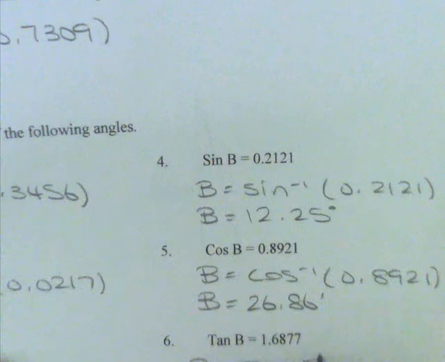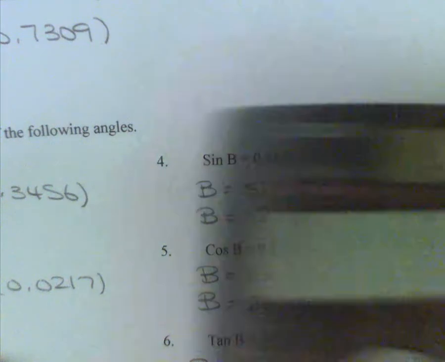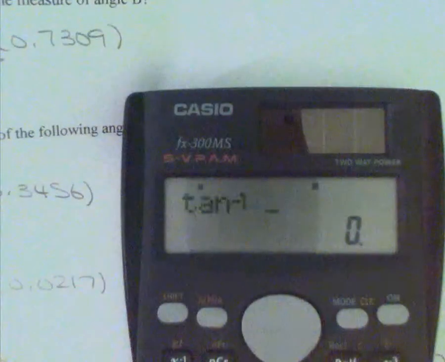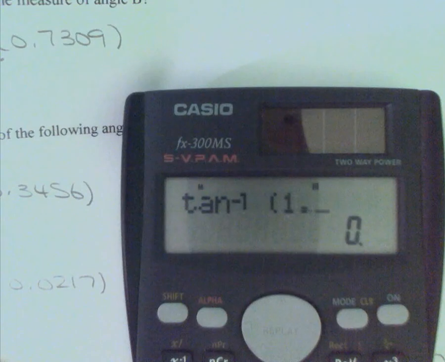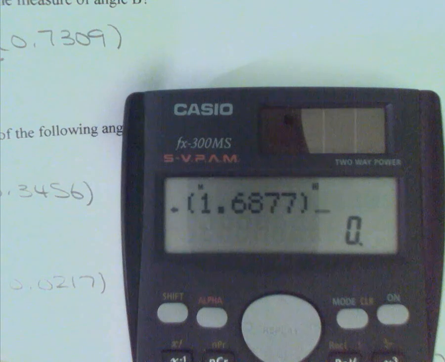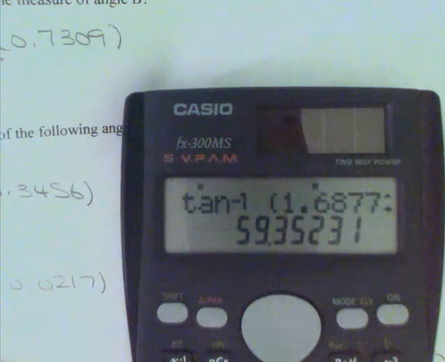And I'm going to try the last one. And let's put that one in the calculator too. And we're going to close those brackets and hit equals. And I get 59.35.